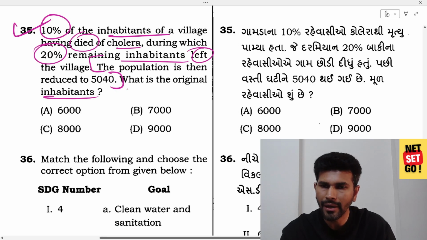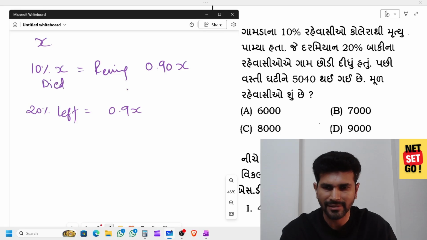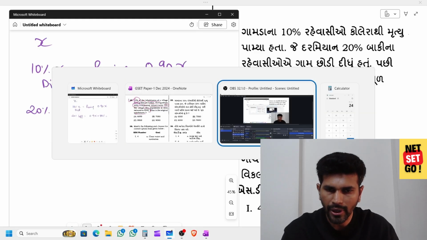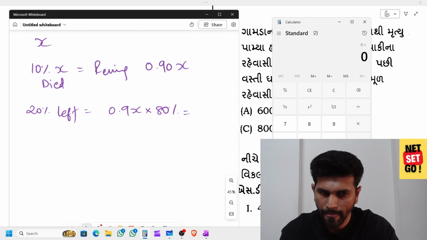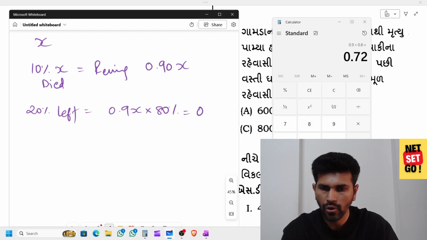20% of remaining inhabitants left the village. 20% left means, 90% of x, 0.9x. No, 80% available છે. તો 0.9 into 80% is 0.72.